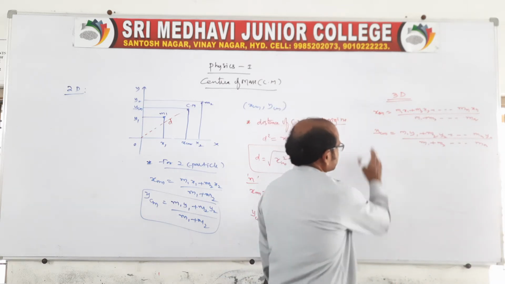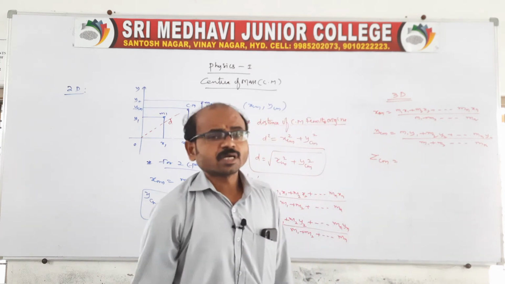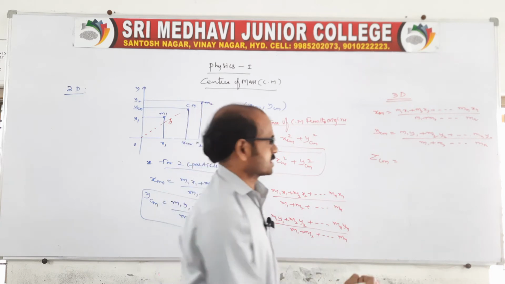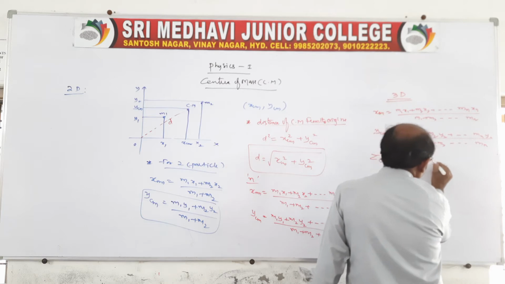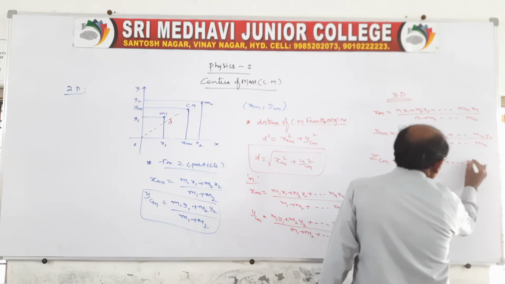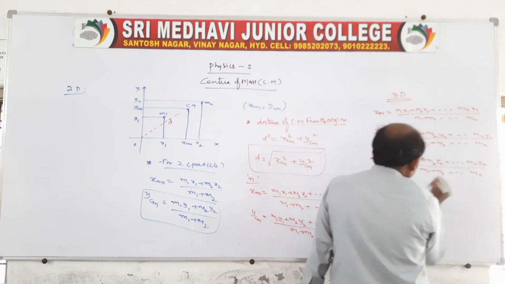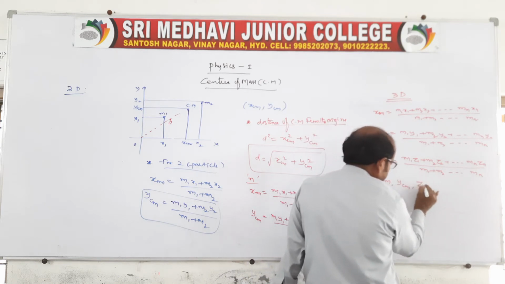And zcm also we should write, because in space we will get the three coordinates. So zcm will be m1 z1 plus m2 z2 plus and so on mn zn by m1 plus m2 plus and so on up to mn. So the coordinates are xcm comma ycm comma zcm.